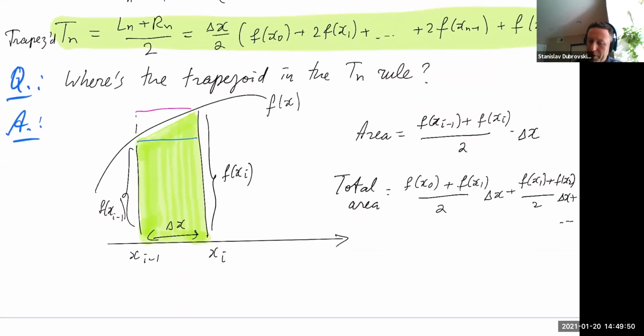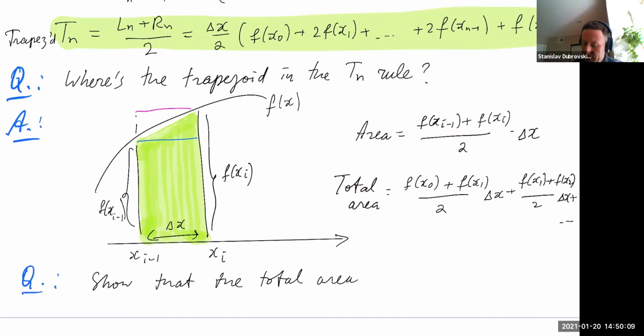So question for you is to finish that calculation and show that the total area of all trapezoids is indeed equal to (L_n + R_n)/2.